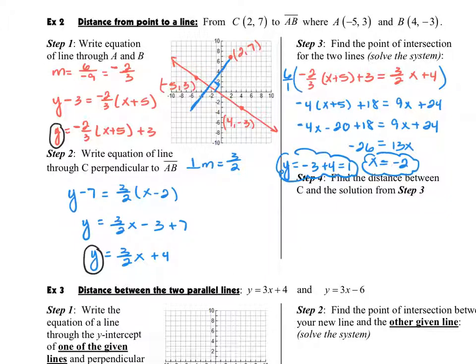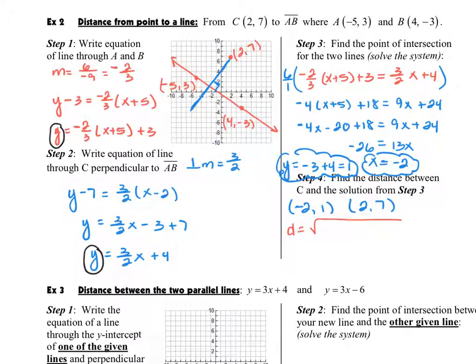So then when I want to finally find my distance, I'm finding the distance from that nice intersection of (-2, 1) and the point (2, 7). Now I can go straight to my distance formula. I'm doing 2 minus a negative 2, or rather negative 2 minus 2, is going to be a negative 4.